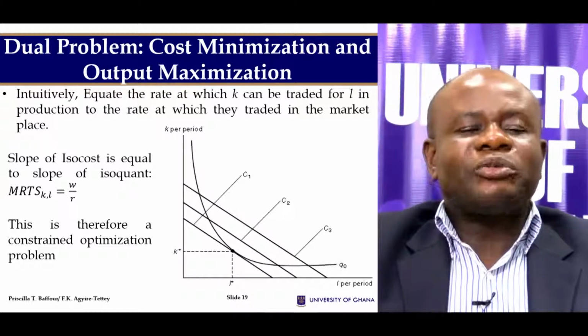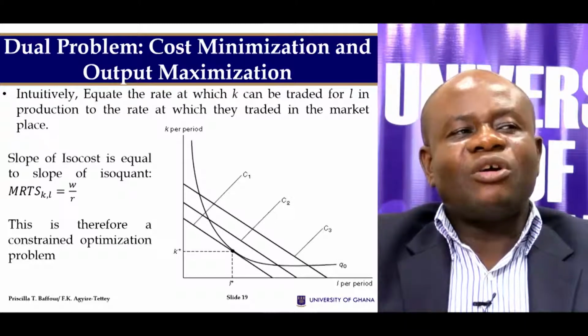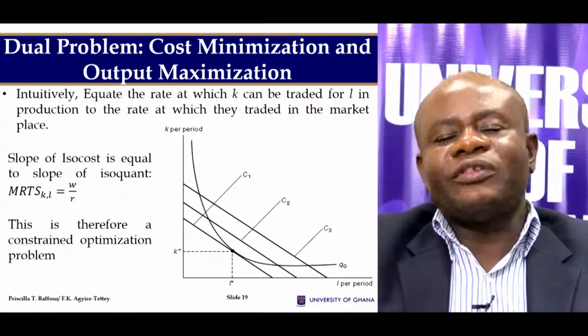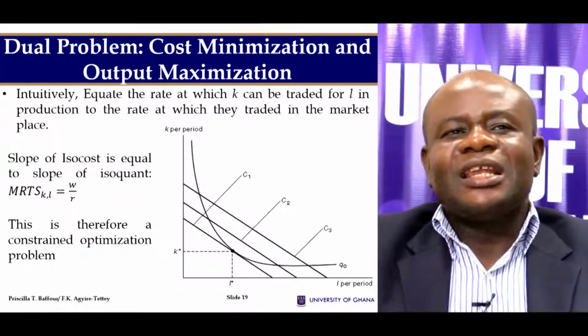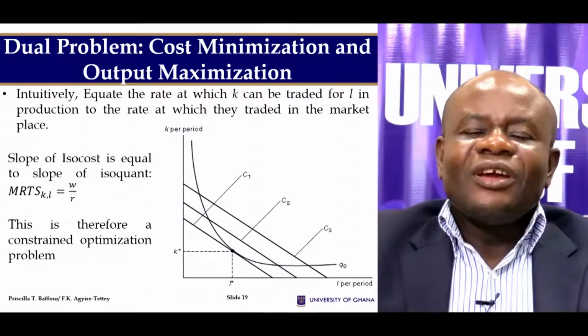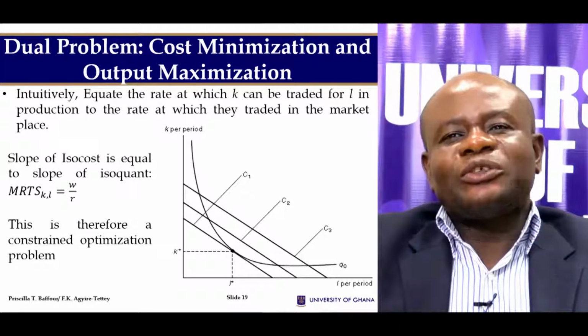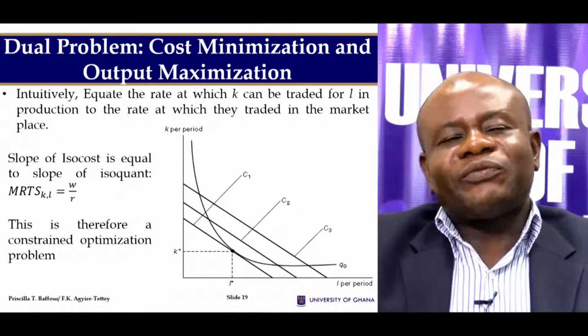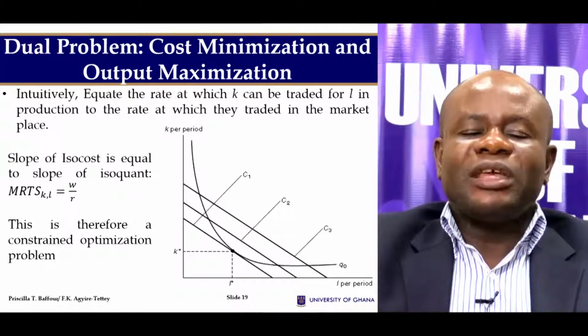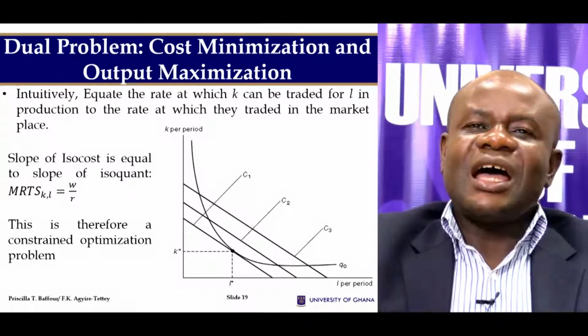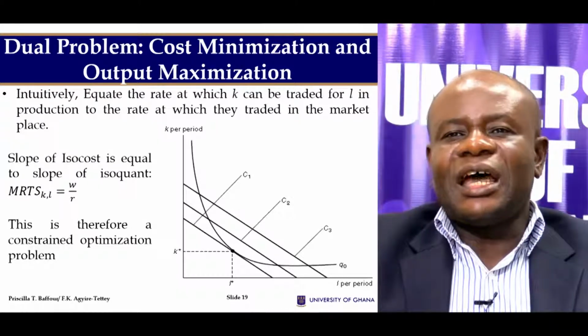So in other words, what we are doing is minimizing cost subject to the output of the firm, or the output that the firm wants to produce. Now, remember when we did the isoquant, we said that for every point along the isoquant, the slope is different, or the marginal rate of substitution is different as we move along this isoquant.